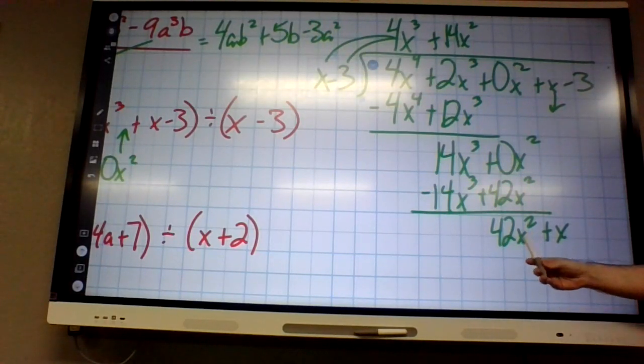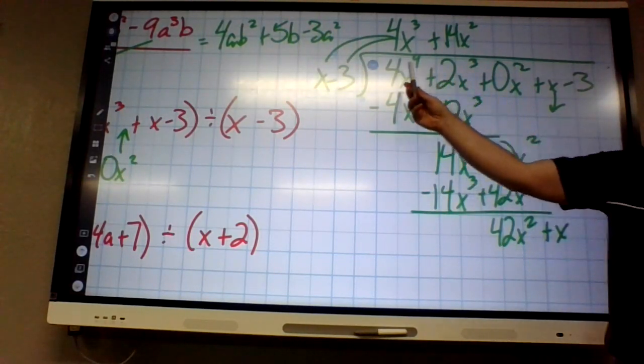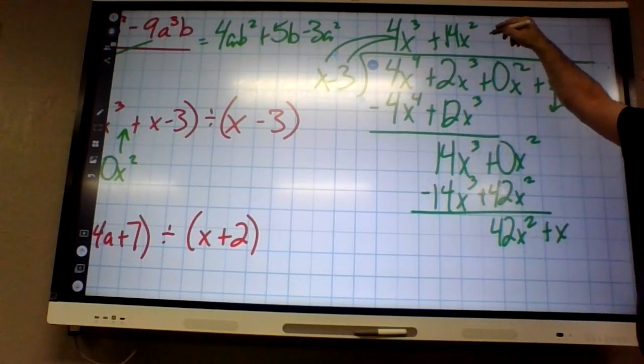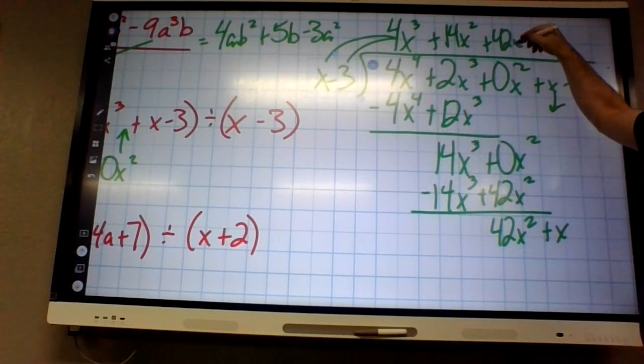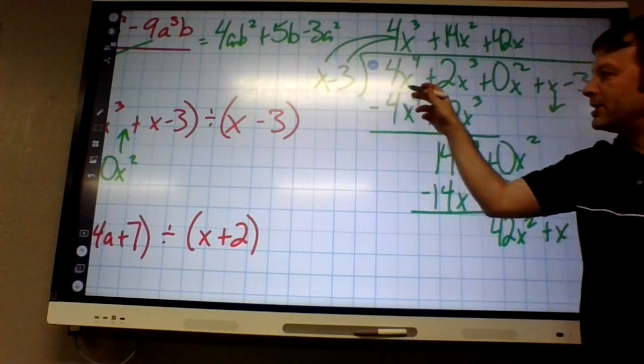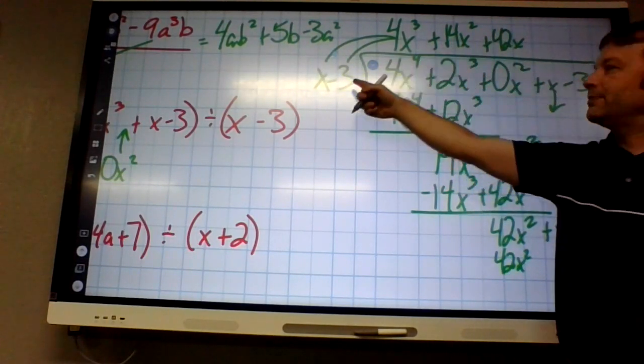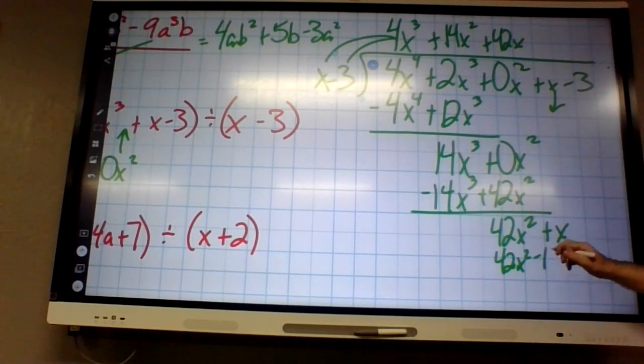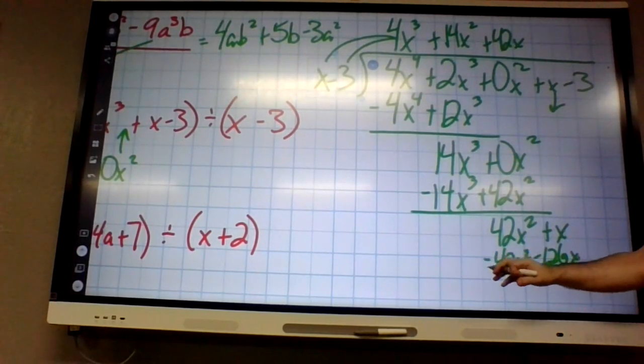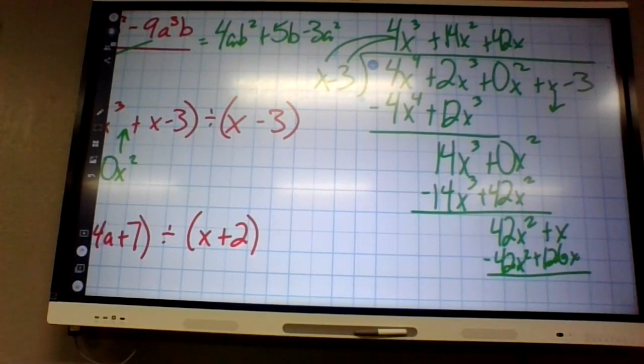Start over. What's 42x squared divided by x? 42x. 42x times minus 3. We're subtracting the bottom line, so that becomes a plus. We get 127x. Bring down the minus 3. Start over.